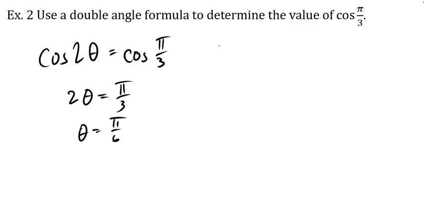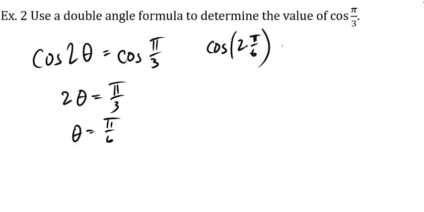So let's do it. Cos of 2 times pi by 6. We're not going to simplify that. We're going to use our formulas. Let's use the first one: cos squared theta minus sine squared theta. So that's cos squared pi by 6.